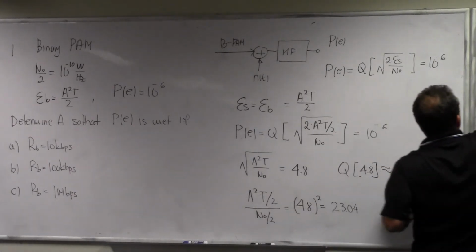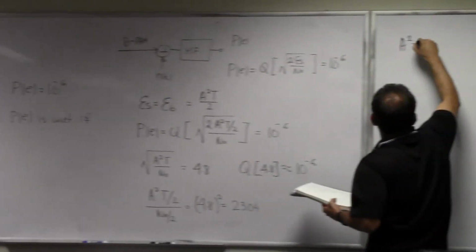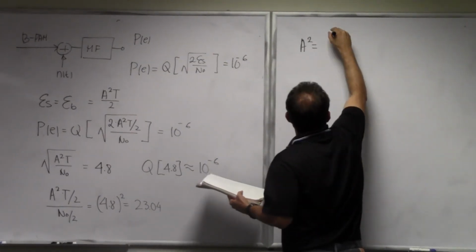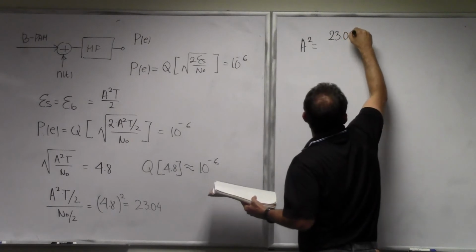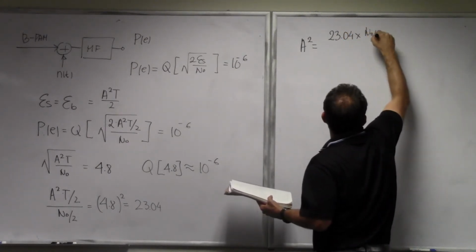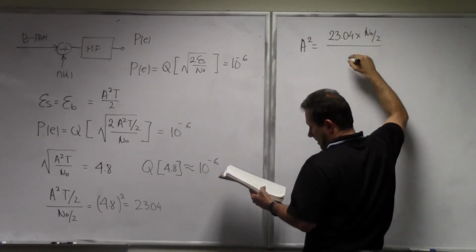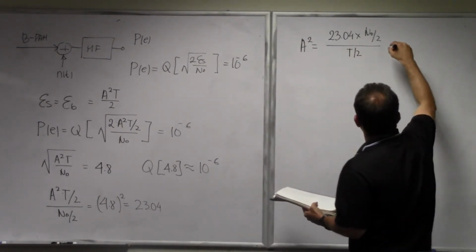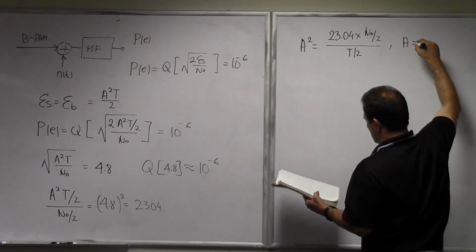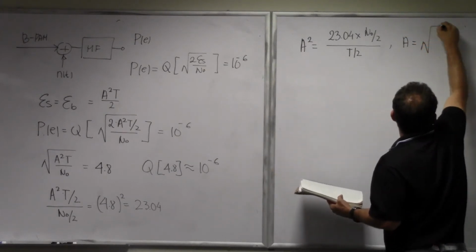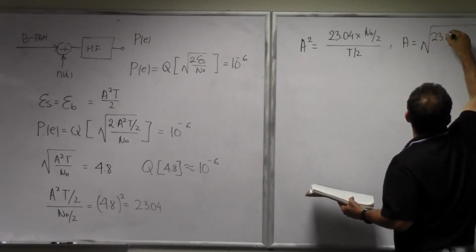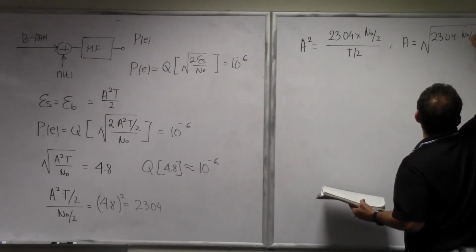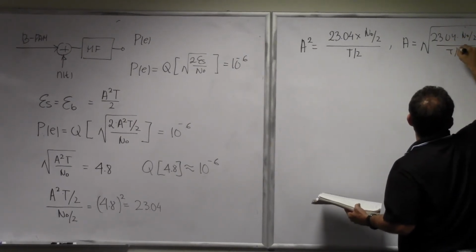Or A squared is equal to 23.04 times N0 over 2 divided by T over 2. And A is equal to square root of 23.04 times N0 over 2 divided by T over 2.